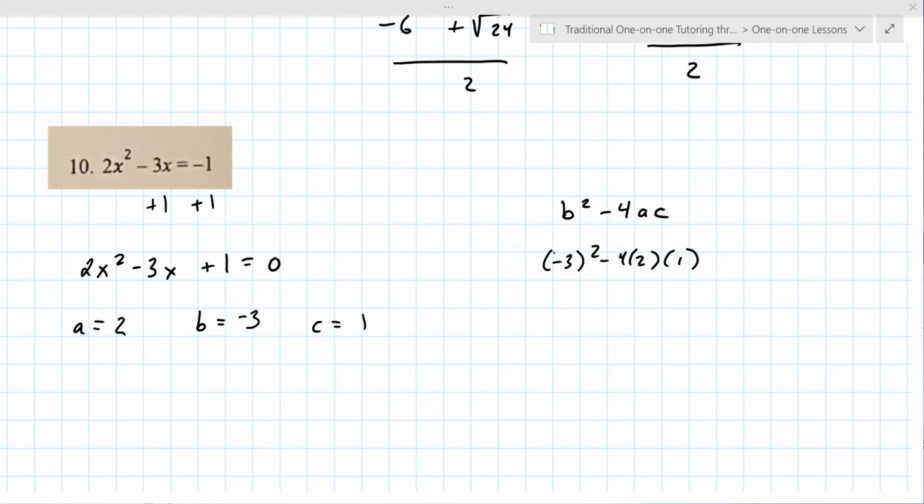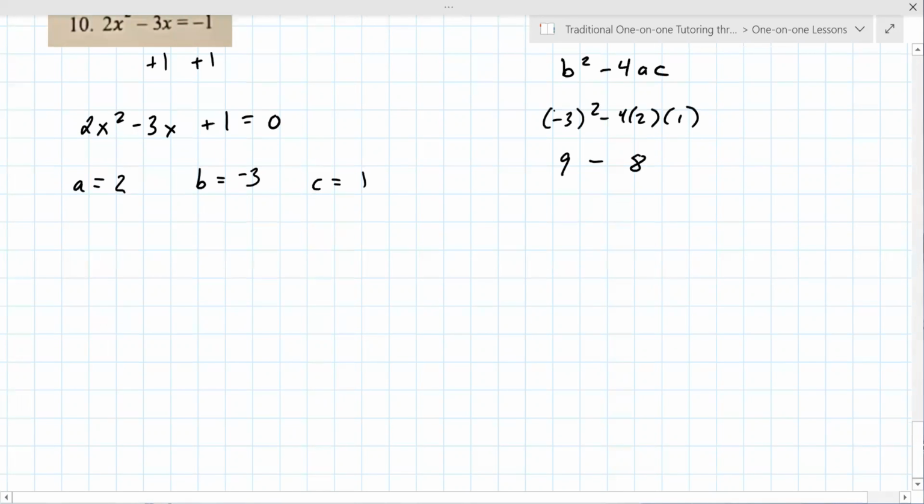It is 9. 9 minus, what is 4 times 2 times 1? 4 times 2 is 8, times 1, 8. What is 9 minus 8? 1. Very good. So the next thing you do is you write the quadratic formula.